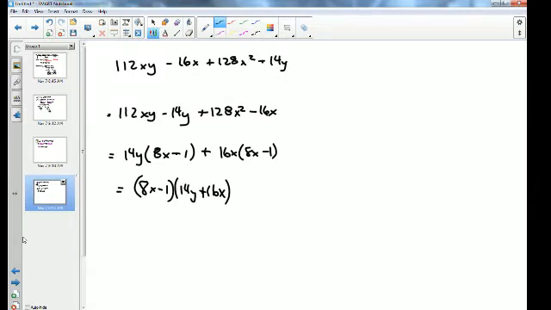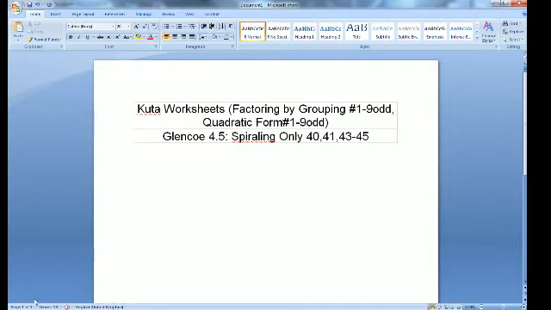I think I've shown you just about everything I can show you. The best thing for you to do is try them. Okay, there are two worksheets attached on Google Classroom. I'm asking you to do 1 through 9 odd. So 10 problems total there and 5 spiraling.